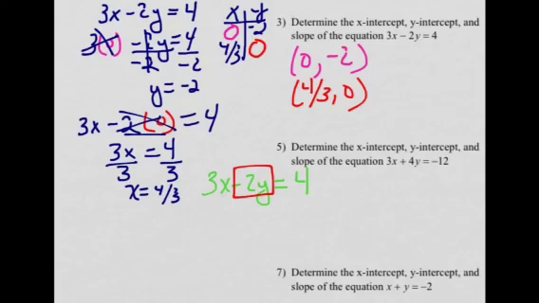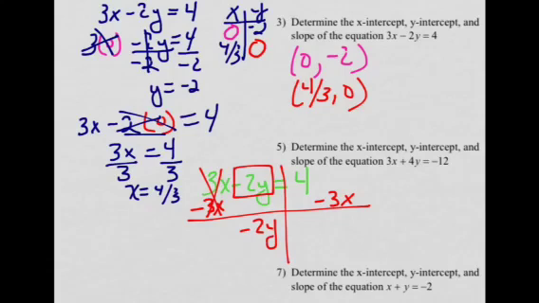Okay, draw our street, which means we're going to subtract 3x, and we're not going to line them up because they're not friends, they're not like terms. We get to bring down, well, this cancels, we get a minus 2y equals a negative 3x plus 4.